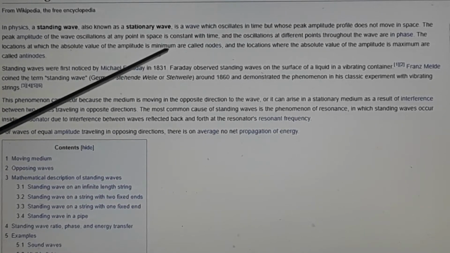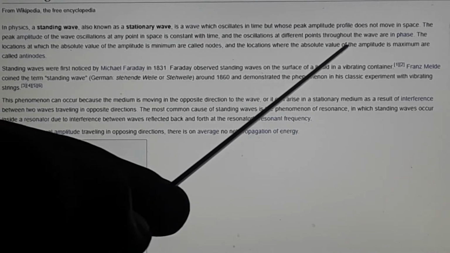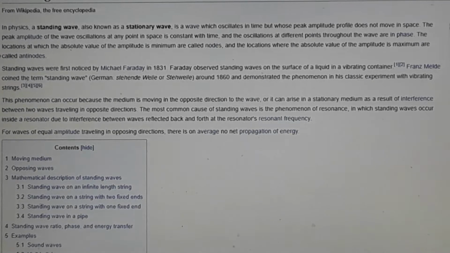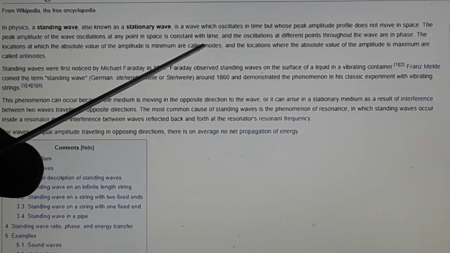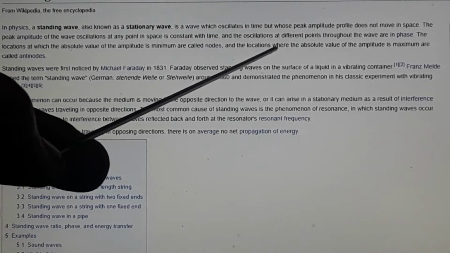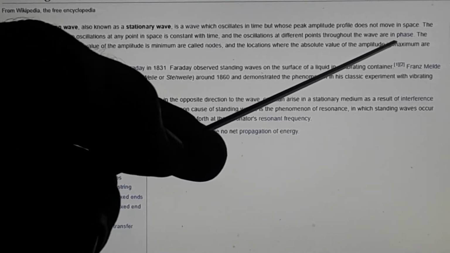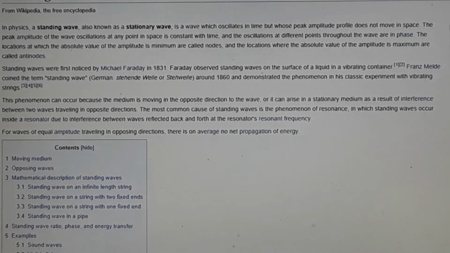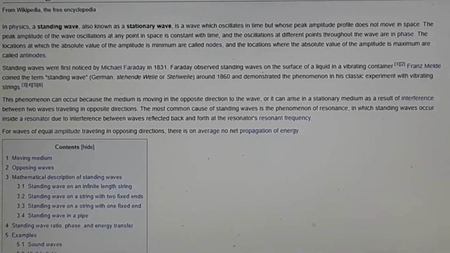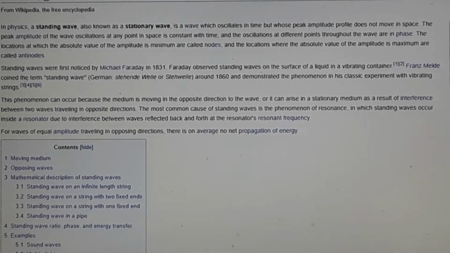All right. The oscillations at different points throughout the waves are in phase. The locations at which the absolute value of the amplitude is minimum are called nodes. And the locations where the absolute value of the amplitude is maximum are called antinodes. Okay.